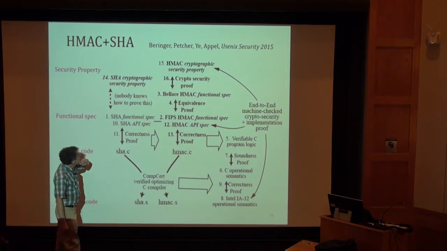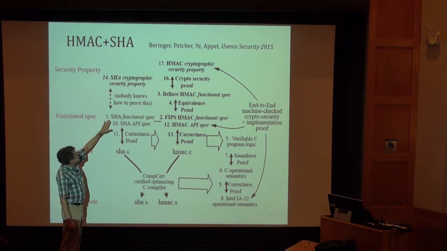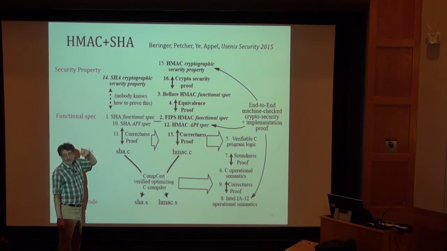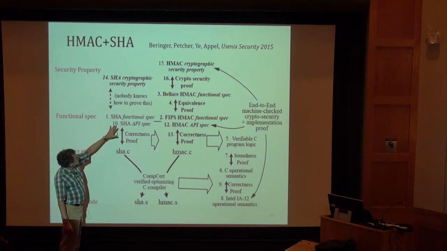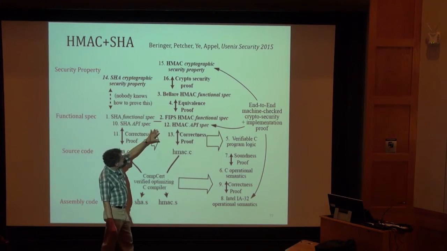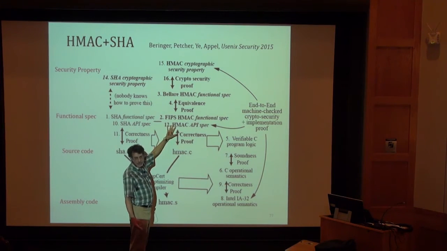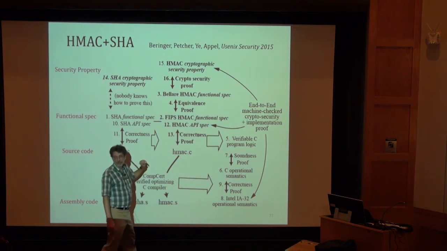Because of this gap, you would have to include number 1. And then, depending on how you think about it, you might have to include the API spec of how the C client of this function is going to call it. All right?